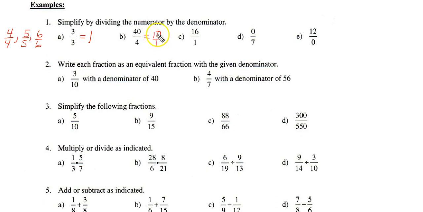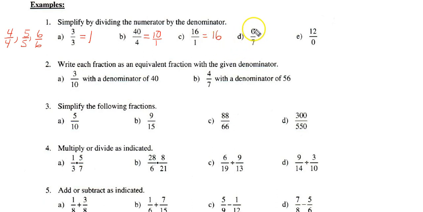Every whole number has an unwritten 1 underneath it, as we see here. Here, this is 16 over 1, and that simplifies to just 16. This is what it is, but we don't write the 1.